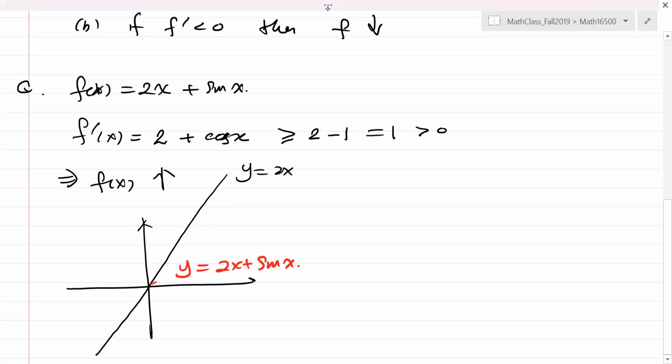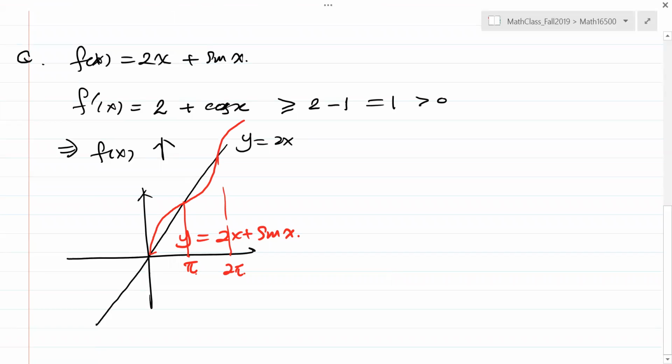When x is between 0 and pi, sine x is positive, so the graph goes like that. Why is it above the straight line? Because sine x is positive. This is again 2 pi.